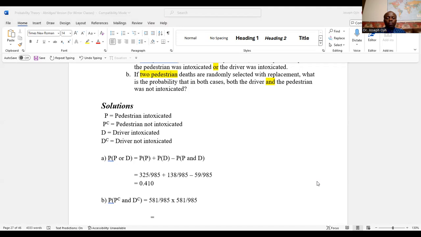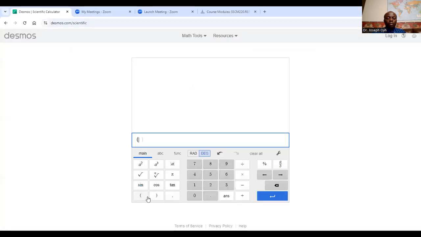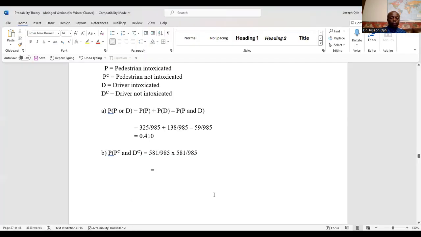You get 581 over 985 squared, since there are 2 of them, which is 0.348.